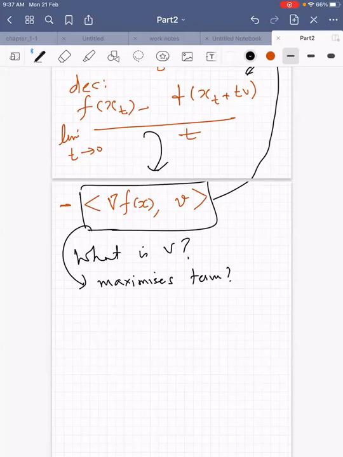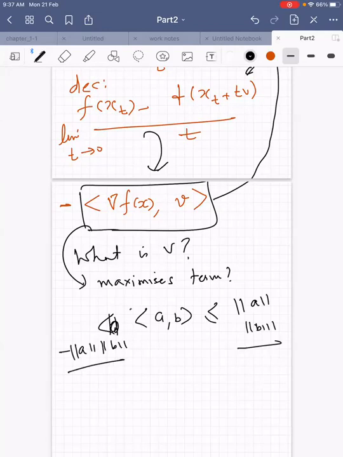So basically it says that the inner product of A and B is less than or equal to norm of A times norm of B, and also greater than or equal to minus norm of A times norm of B, right? So this is the lower bound and this is the upper bound.